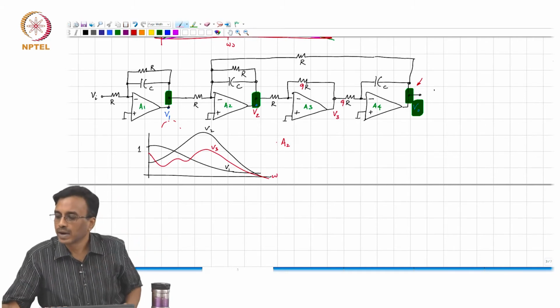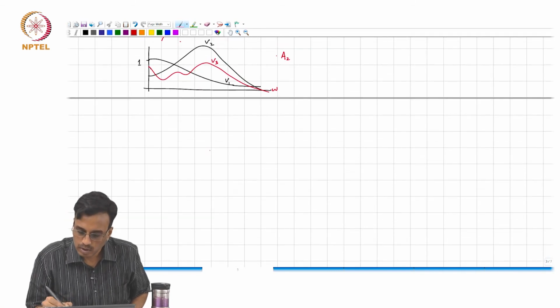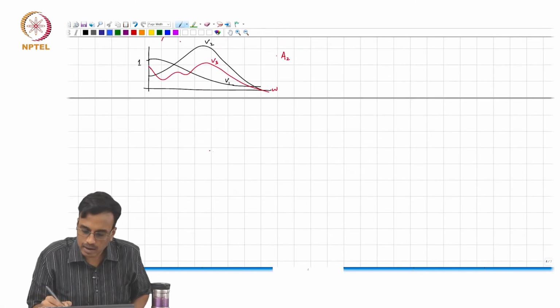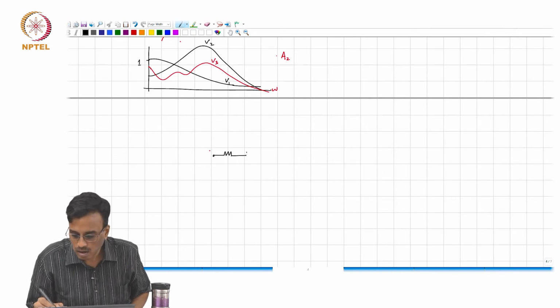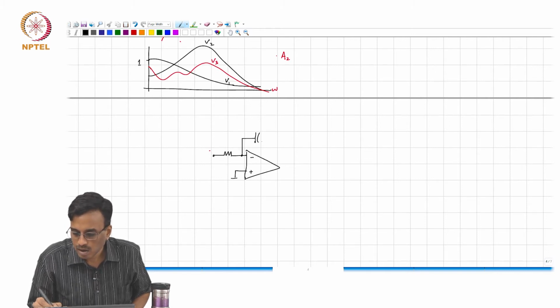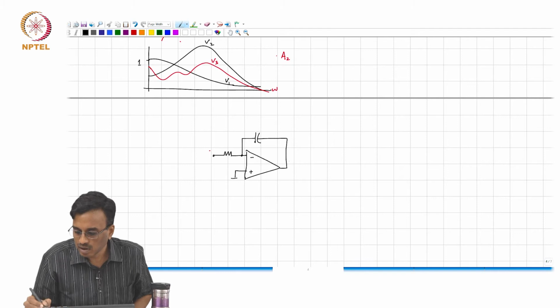I'm going to illustrate it when we have a capacitor here.